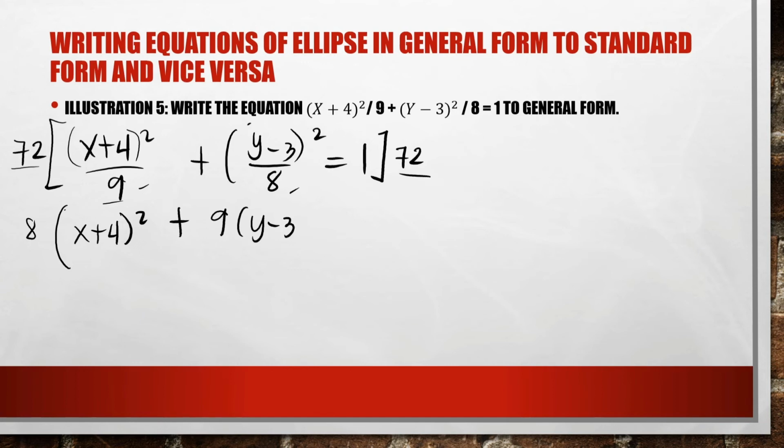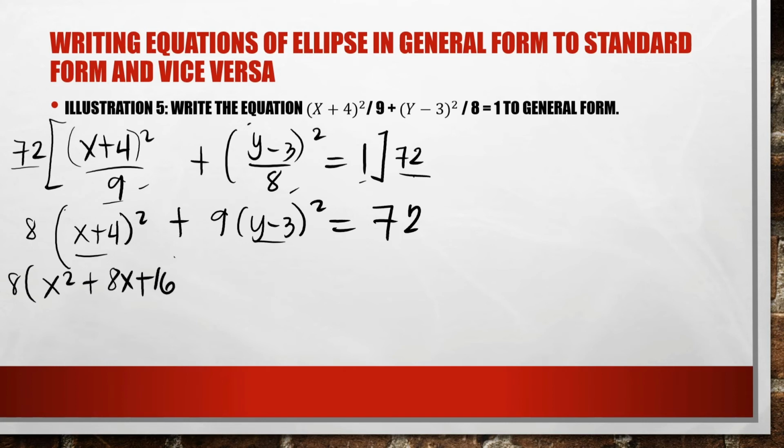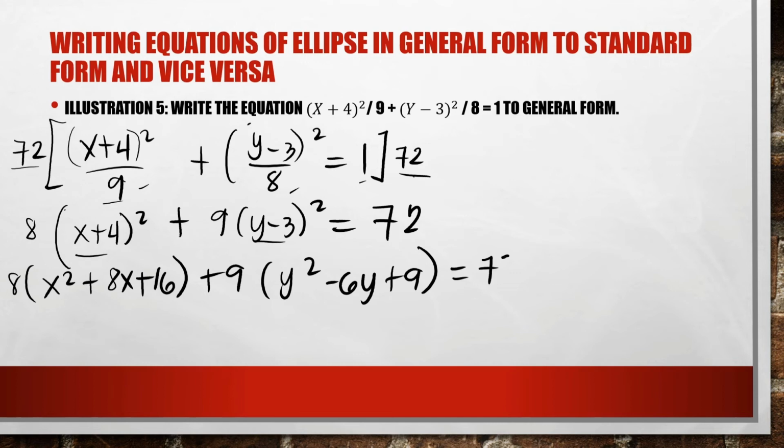9y minus 3 squared is equal to 1 times 72, which is 72. And then, i-expand natin yung binomials. 8 times x plus 4 squared magiging x squared plus 8x plus 16, plus 9 times y squared minus 6y plus 9, is equal to 72.